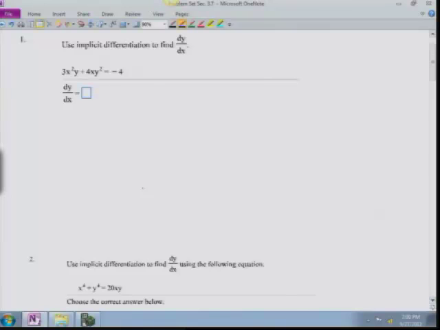Okay. It says, use implicit differentiation to find dy dx. And so we've got this whole thing here. I'm going to make it bigger. Okay? So, what do you recognize about this and about that?